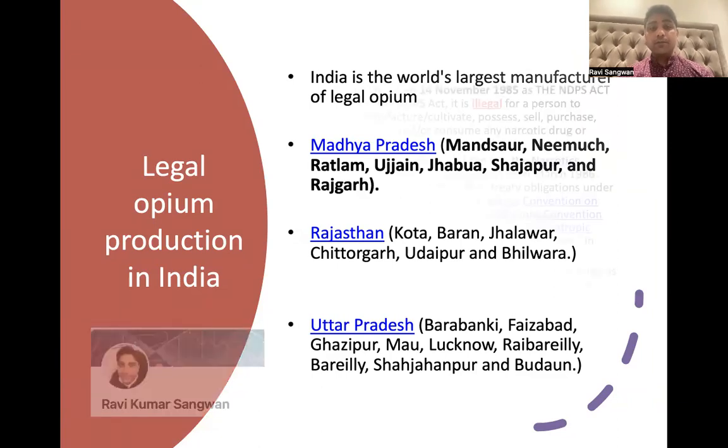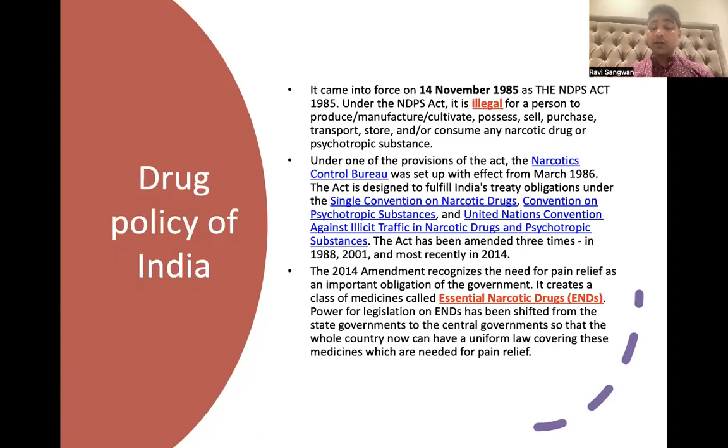My last slide is about the drug policy of India. In India, under the Act of 1985, which came on 14 November, it is illegal to produce, manufacture, cultivate, possess, sell, purchase, transport, store, or consume any narcotic drug or psychotropic substance. Under this act, India set up the Narcotics Control Bureau in March 1986.